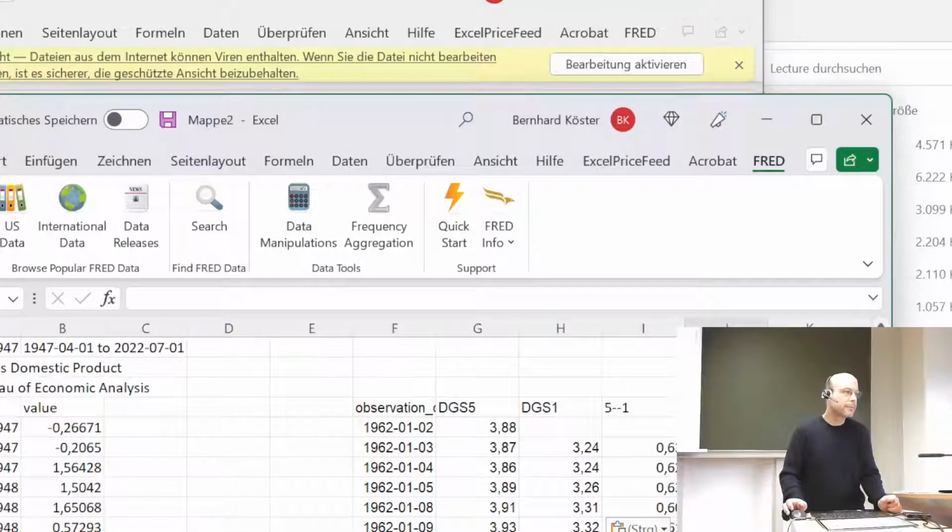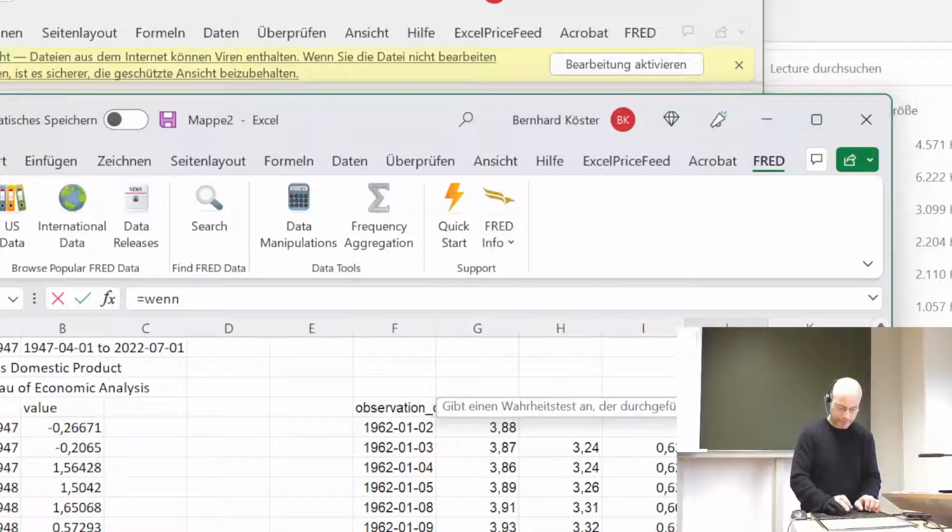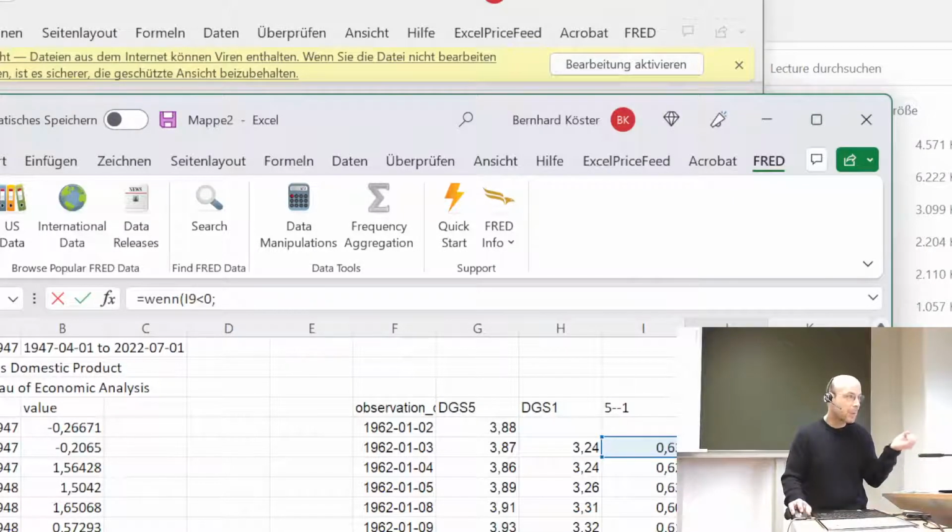So, and then, of course, this is very much data, but we have to identify when this number is negative. Okay? So then you can put in when this number is lower than 0. This number I want to have, so I put the cell itself, and otherwise I write just a 0.